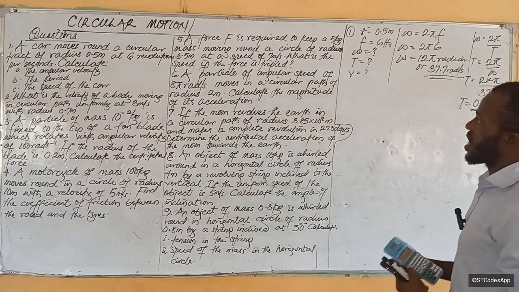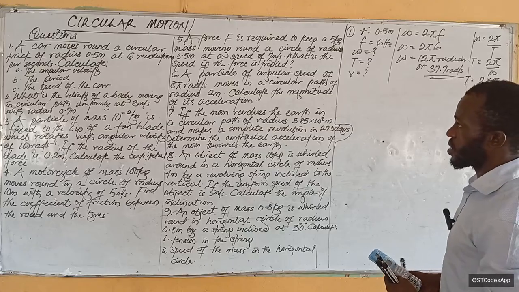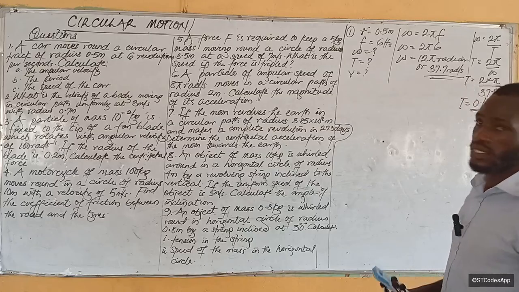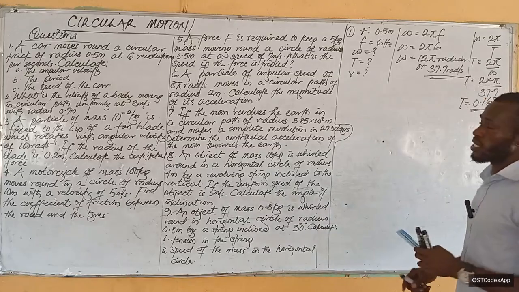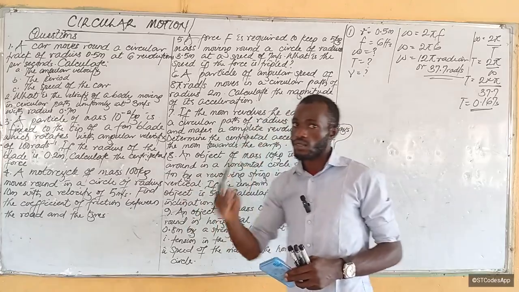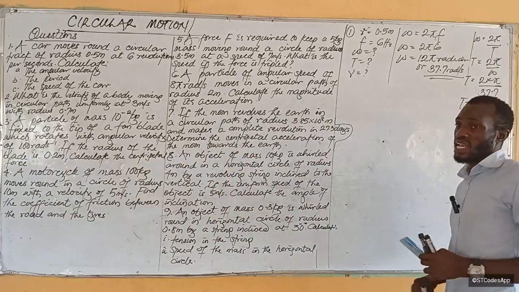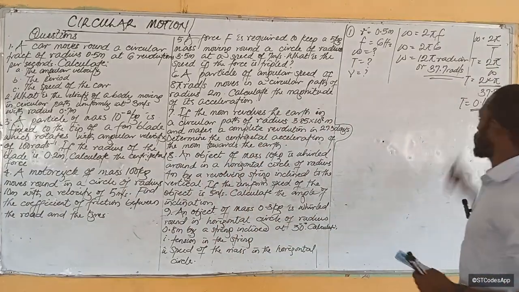That's the period. And it makes sense. Do you agree with me? If it's completing 6 revolutions in 1 second, it means to complete 1 revolution takes much less than 1 second, which is 0.167.